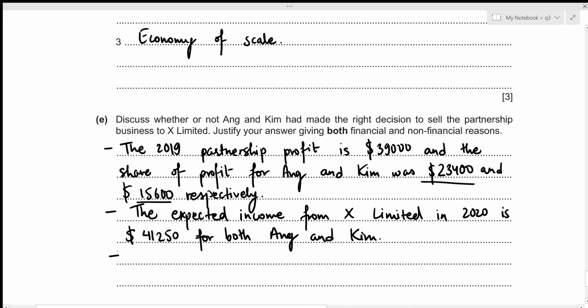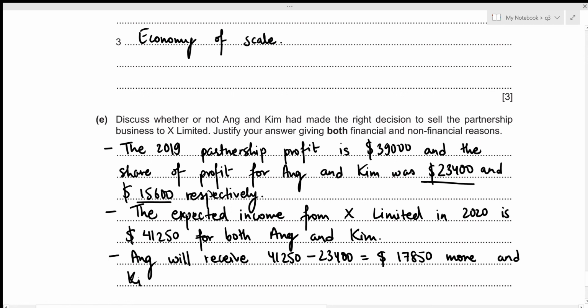So let's figure out the increment. So Ang will receive, let's figure out the difference. That's 41,250 minus 23,400, which results in the value of 17,850 more, and Kim will receive, let's figure out the difference. That's 41,250 minus 15,600, which results in the value of 25,650 more.